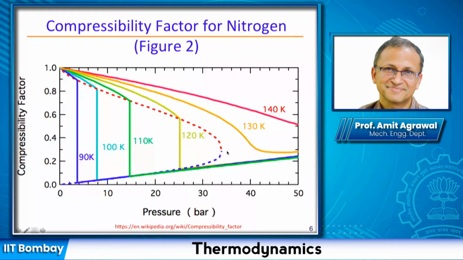Sometimes we define that, if you remember the video and the PT diagram, when we are on the right and on the top of the critical point, then we will call that my supercritical region. So you can see that this is my pressure value, which is more than the critical pressure. And of course, my critical temperature is somewhere between 120 and 130 Kelvin.